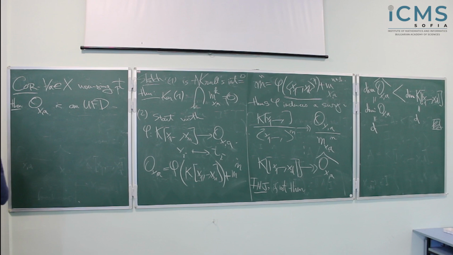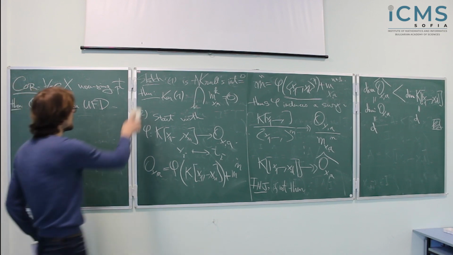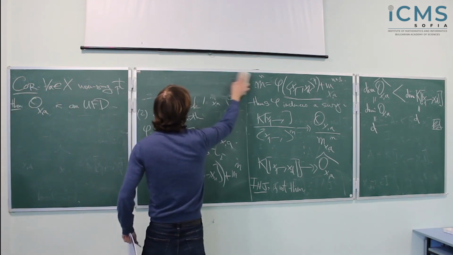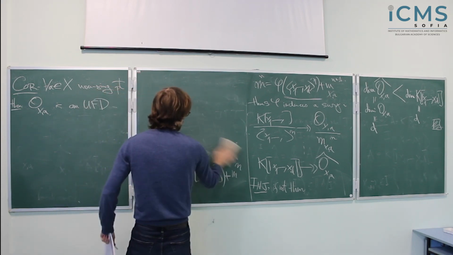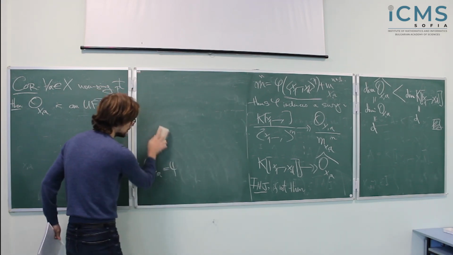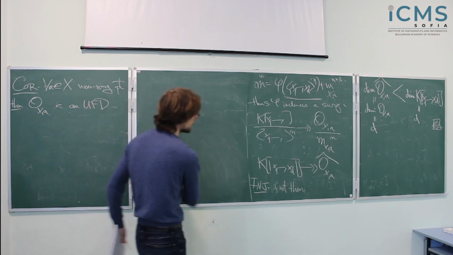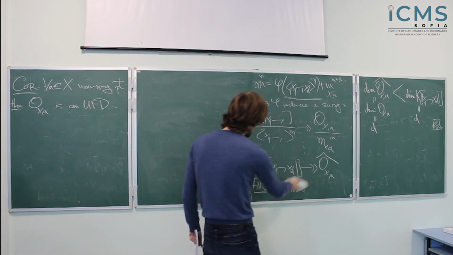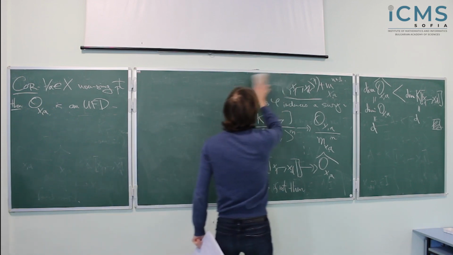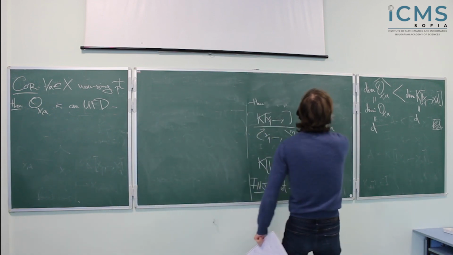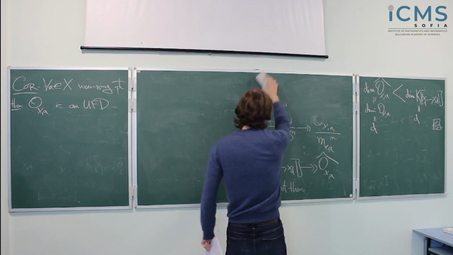The idea is to find a technique to bring the UFD property of the completion back down to the local ring. This is because the power series ring is a UFD, and you can find an extra argument that brings it back down to the original ring.